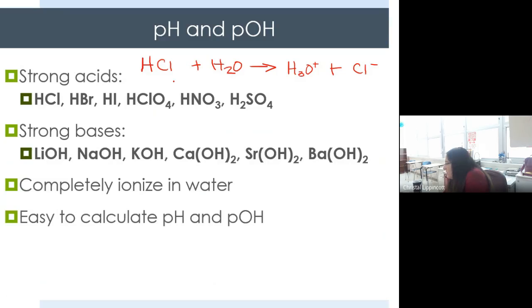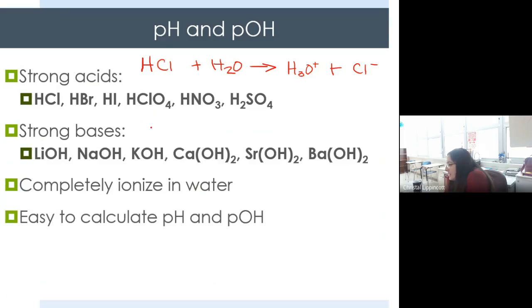Almost all of this is going to break apart into these two things. That's what it means to be a strong acid. It's going to completely ionize. It's going to completely turn into ions.